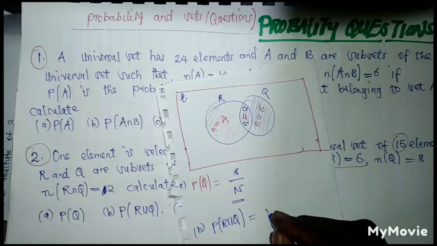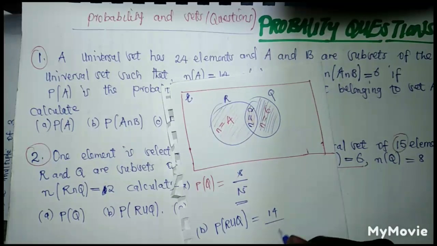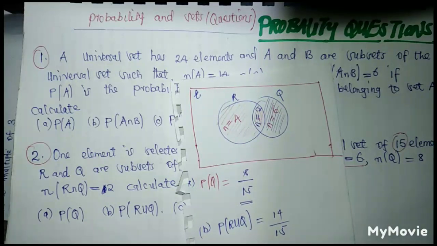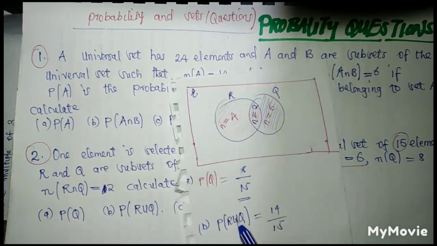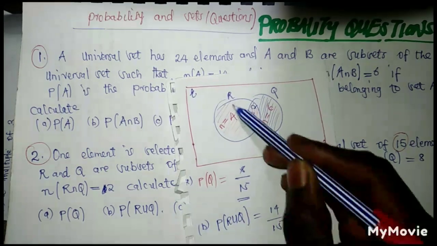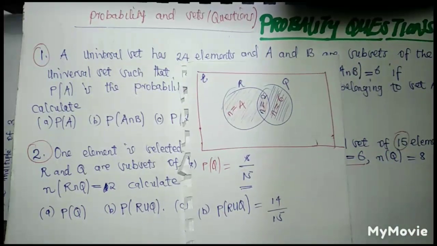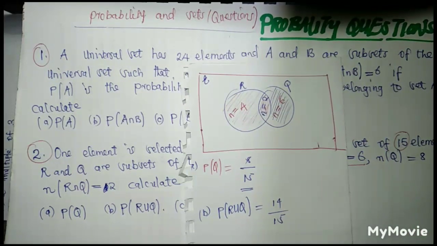So it would be 14 over 15 possible outcomes. Out of 15 possible outcomes, there are 14 possible outcomes of selecting an element in the region of R and Q. This whole region of R and Q, there are 14 over 15 possible outcomes.